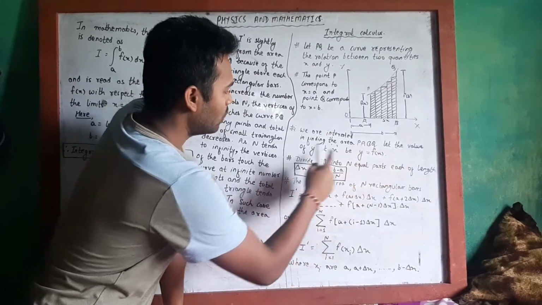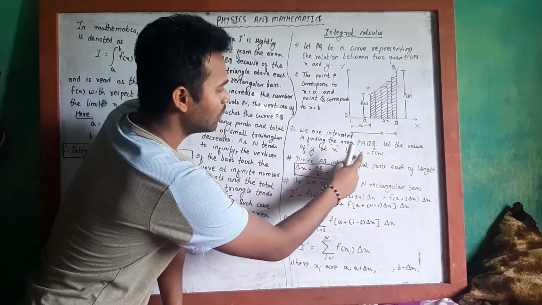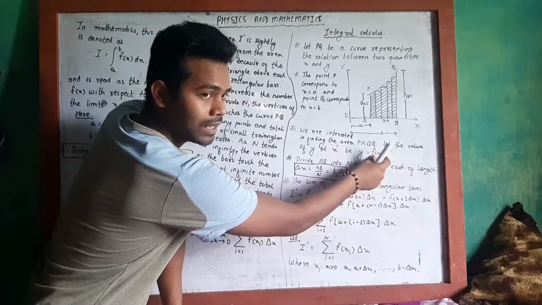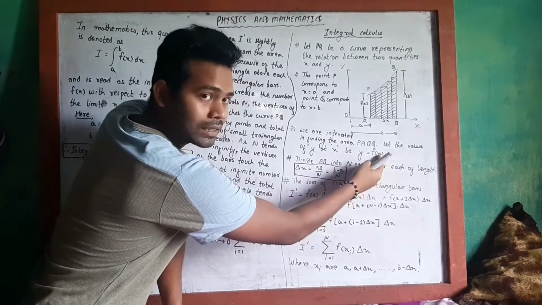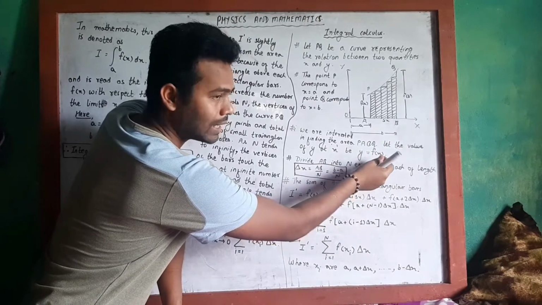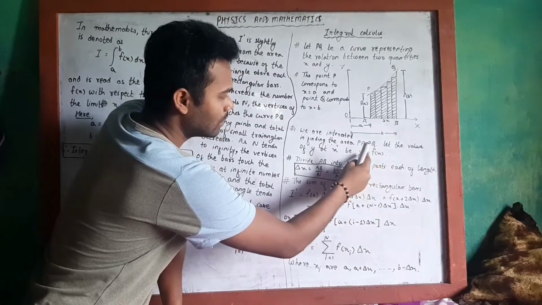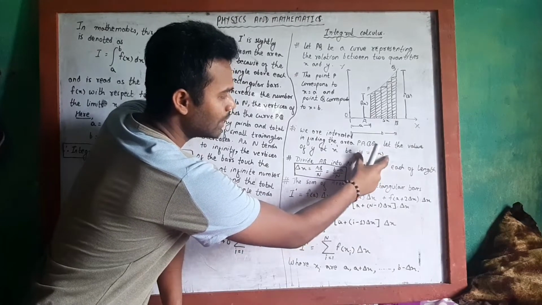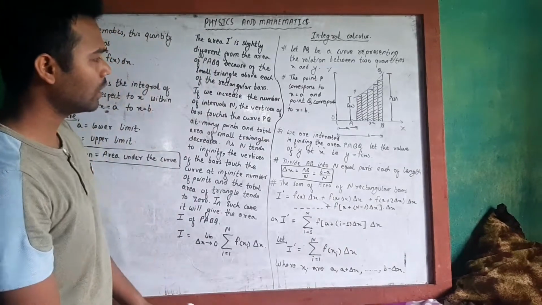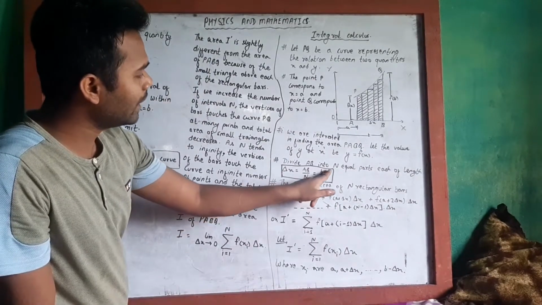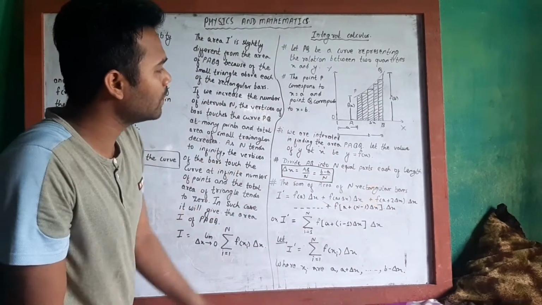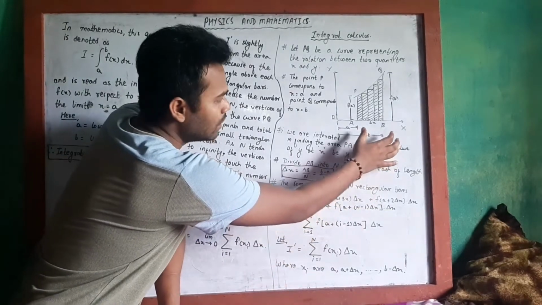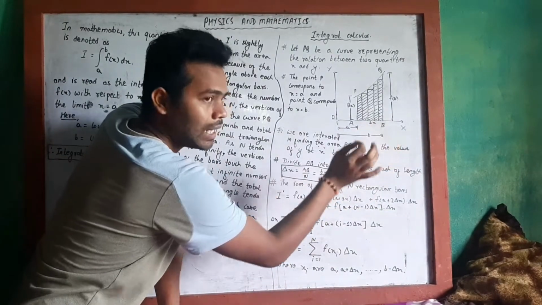And let the value of y at x be y equals f(x). That means the value of y at different points on the x axis will be given by y equals f(x). Now here divide AB into n equal parts.